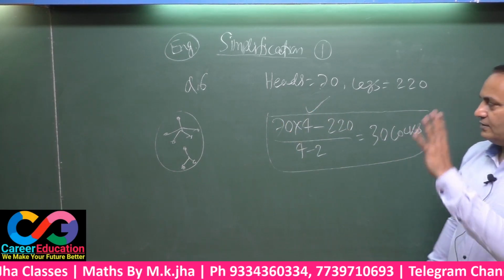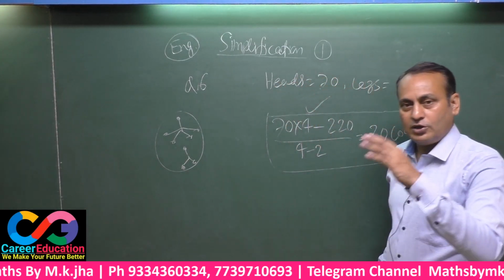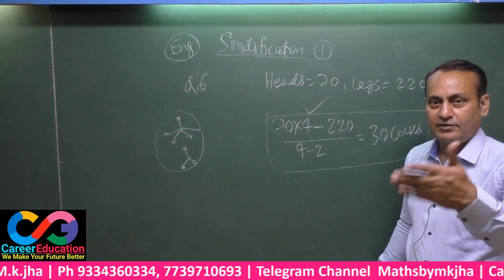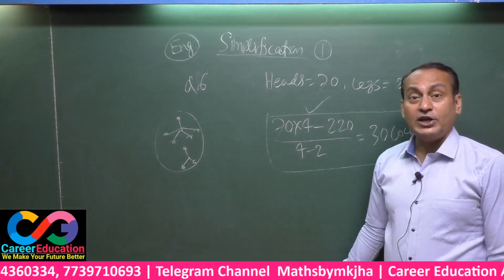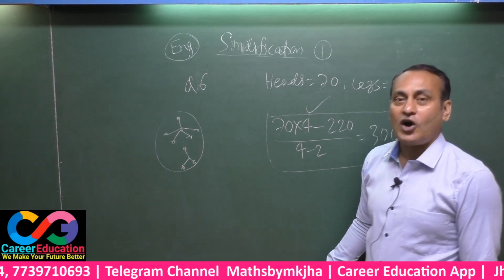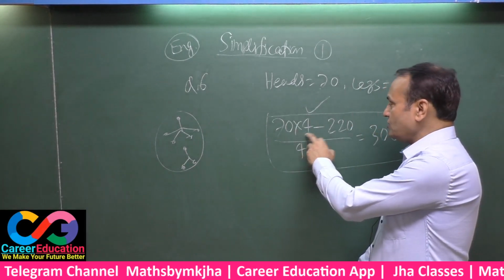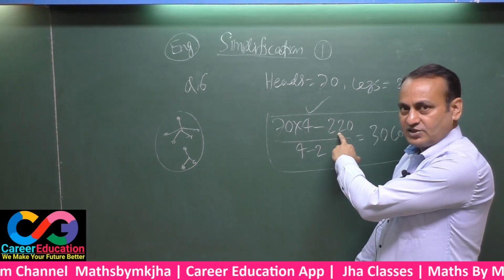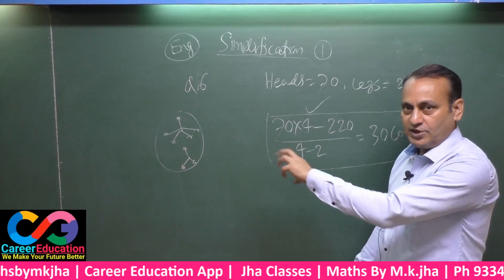Very simple method. Whatever is asked to be answered, you go just opposite to that. Suppose all are the other animal, take out the real legs, then divide by the difference of the legs between the two.